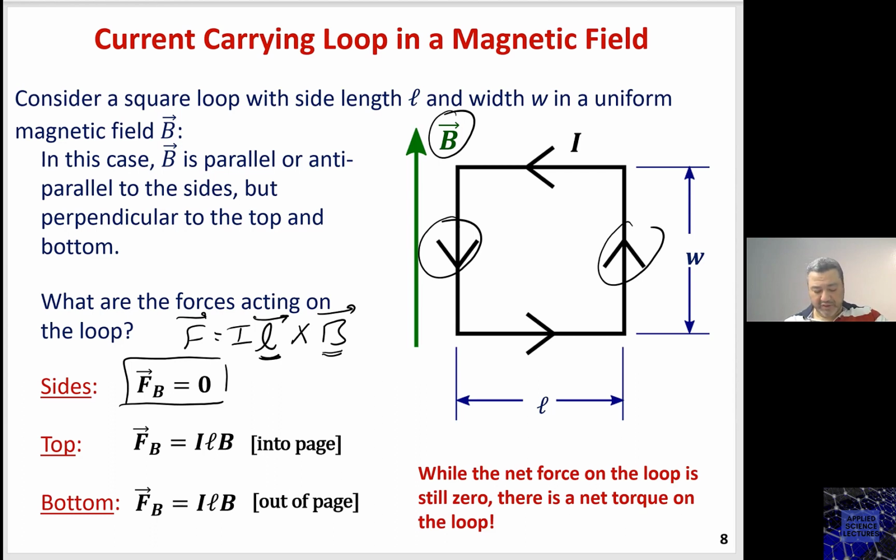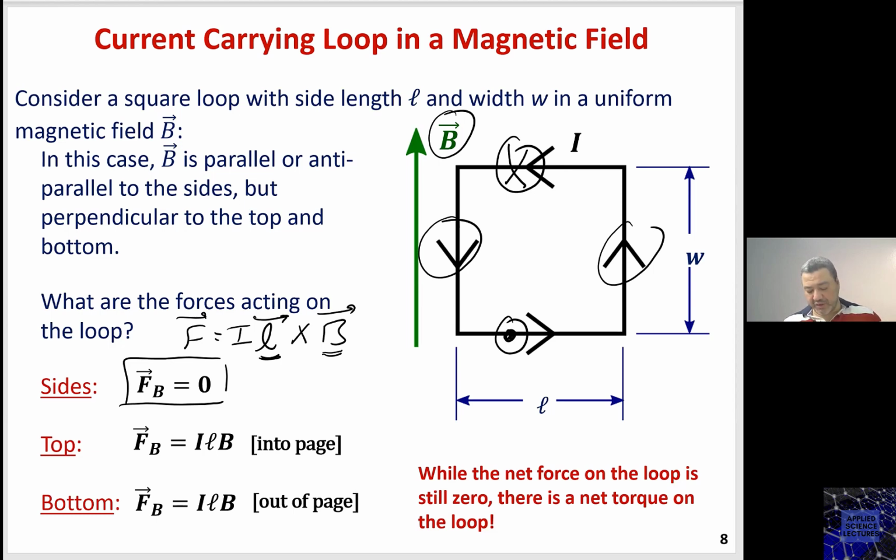If we look at the top side, taking the current as the index finger and the magnetic field going up, I can see that the force is into the page. The same thing for the bottom side: the current goes to the right, index finger to the right, and the middle finger goes up, then the force is out of the page.